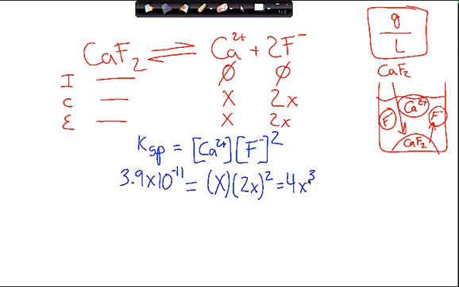Did you all get 0.00021? Can anybody confirm or refute?